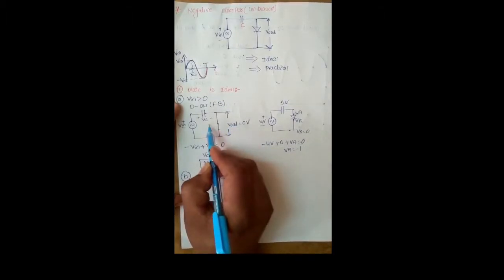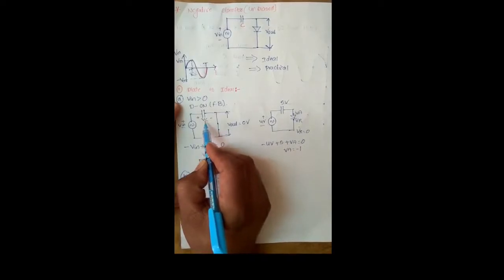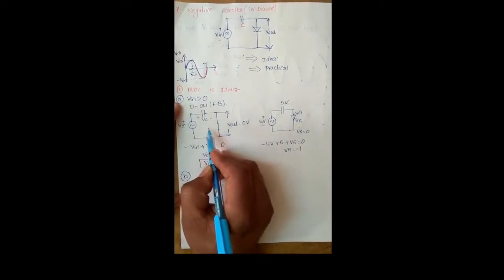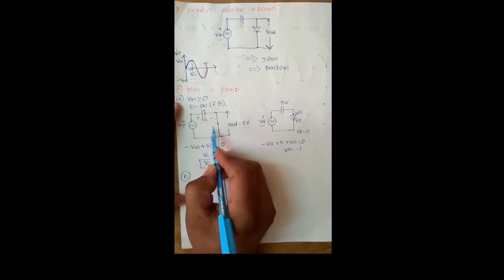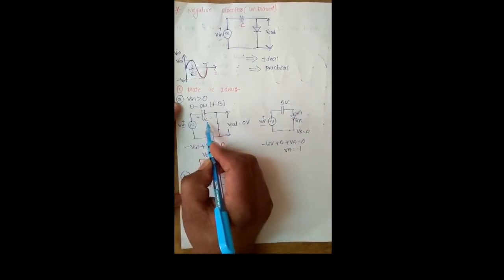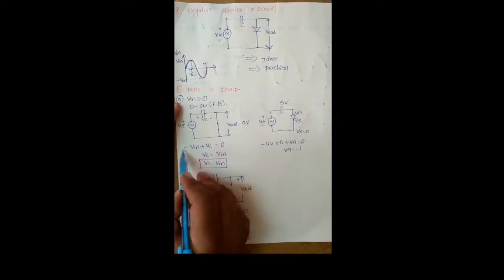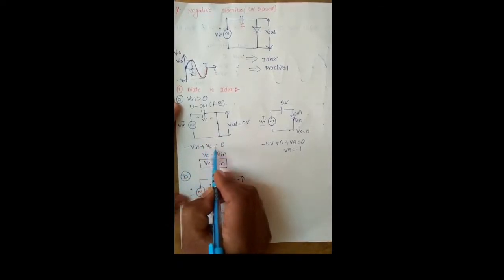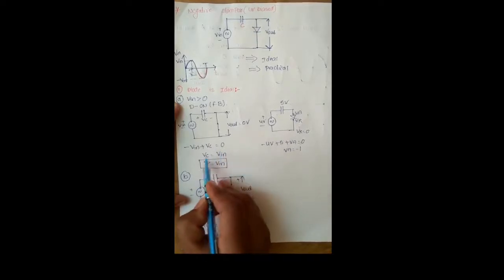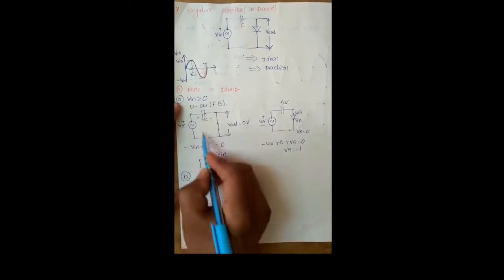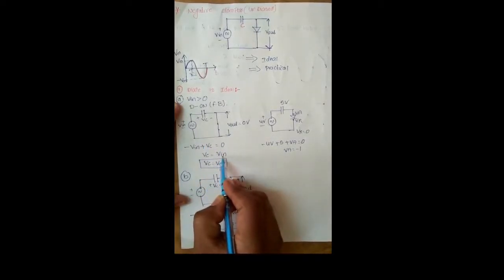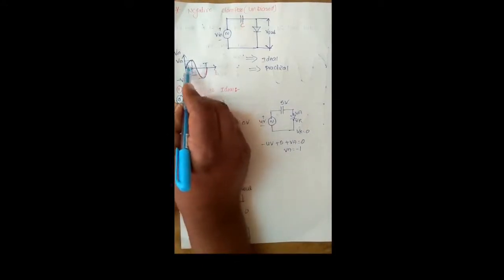At that time we need to estimate how much voltage is stored across the capacitor. To calculate the voltage across the capacitor, we apply KVL in this circuit, that is, minus Vin plus Vc equals 0. Therefore, the voltage across the capacitor Vc equals Vin. Here the input voltage reaches Vin equals Vm.